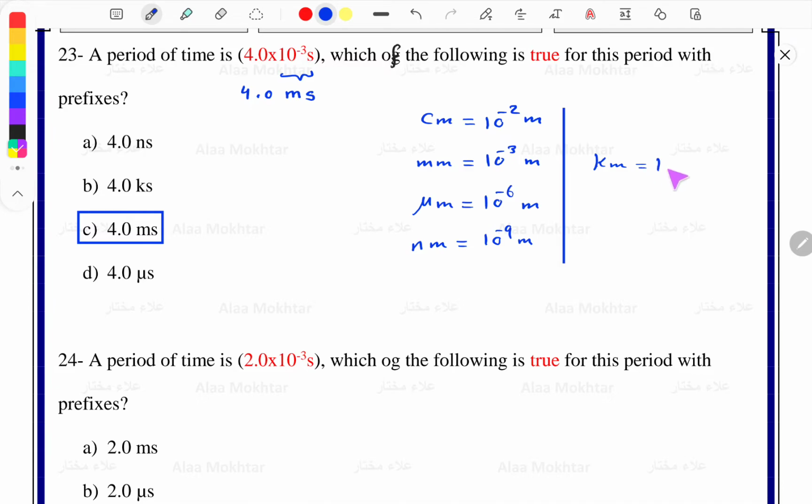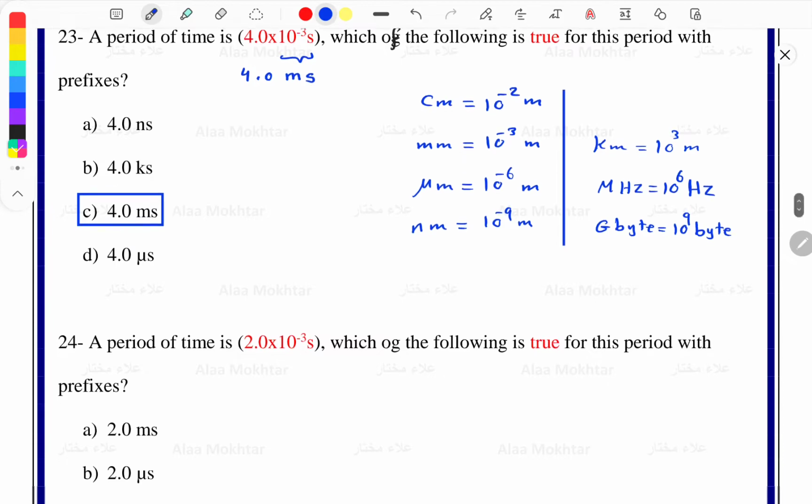Kilometer equal 10 to the power 3 meter. Kilo, mega, giga. Megahertz equal 10 to the power 6 hertz. Gigabyte equal 10 power 9 byte.